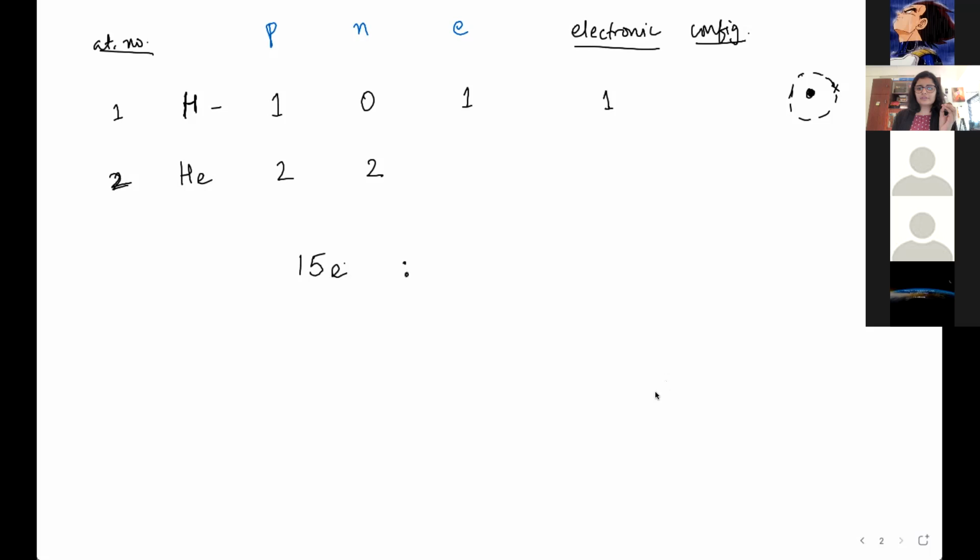How will you distribute these? Ma'am, 2, 8 and 5. 2 is correct. So if I take away 2 electrons, out of 15 I have put 2 in the K shell. So how many will go in the L shell? Out of 15, I have 13 more electrons. So how will you distribute the 13 electrons?